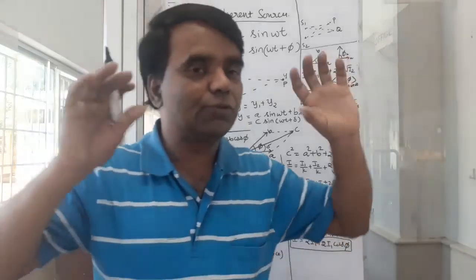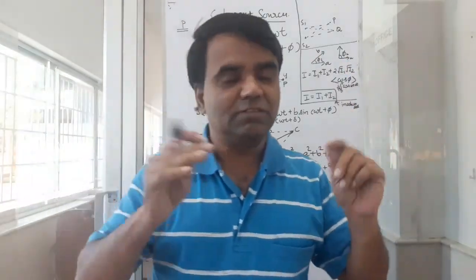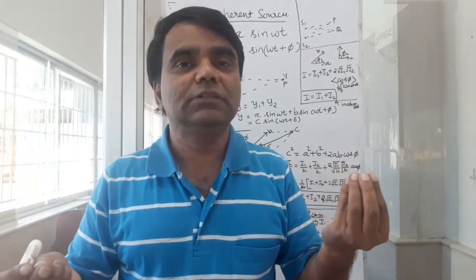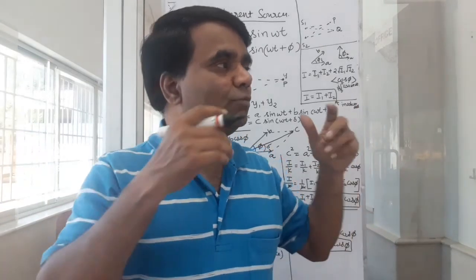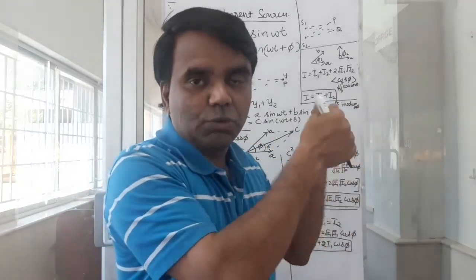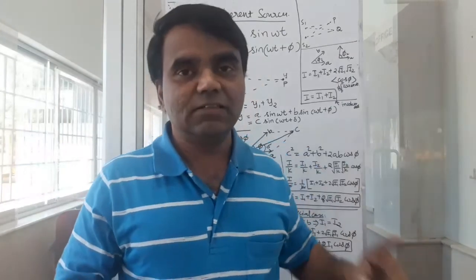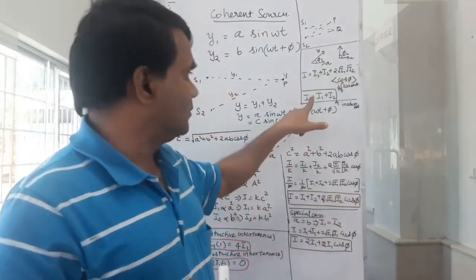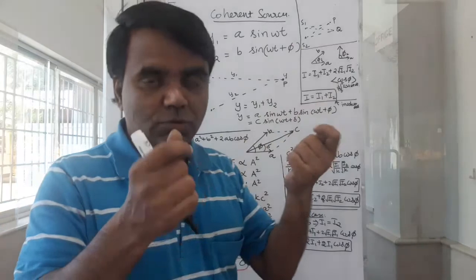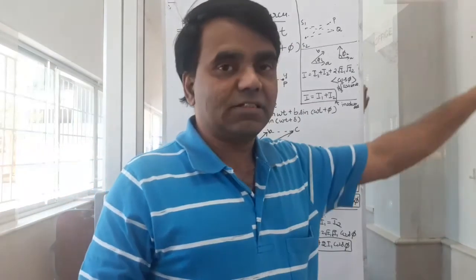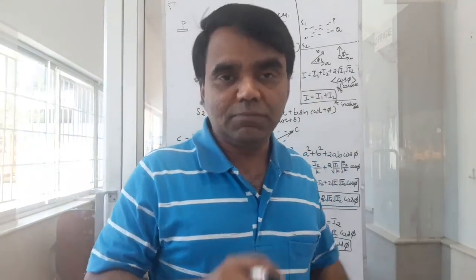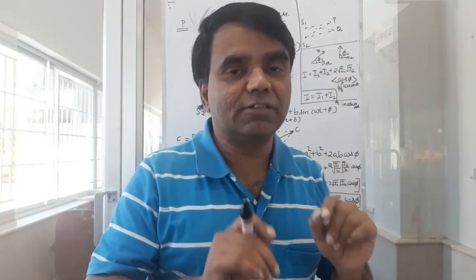That's why when you have two tube lights, or even just two point sources, and you shine light on a wall, the intensity is a simple sum of those two light sources. You don't get an interference pattern there because those sources are not coherent.